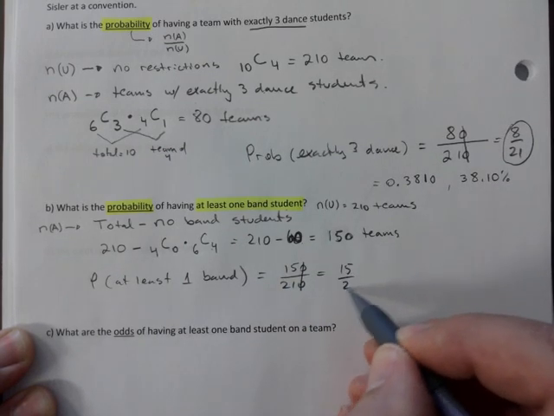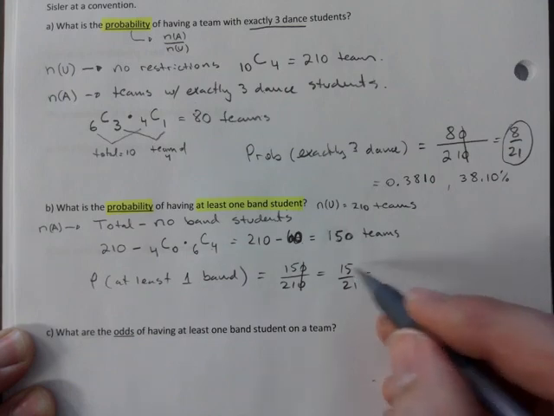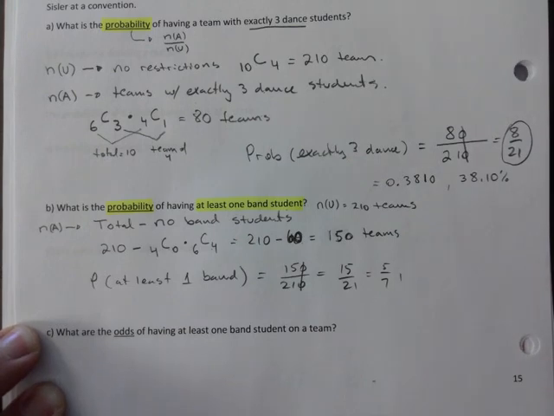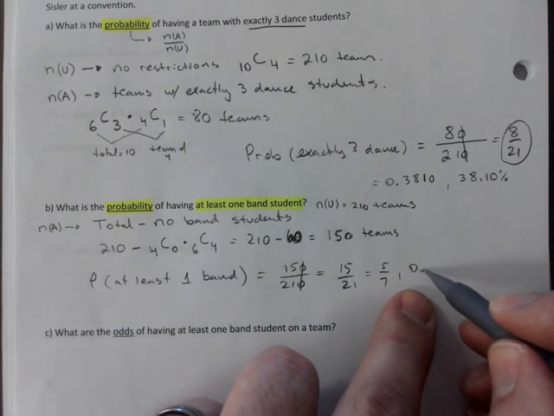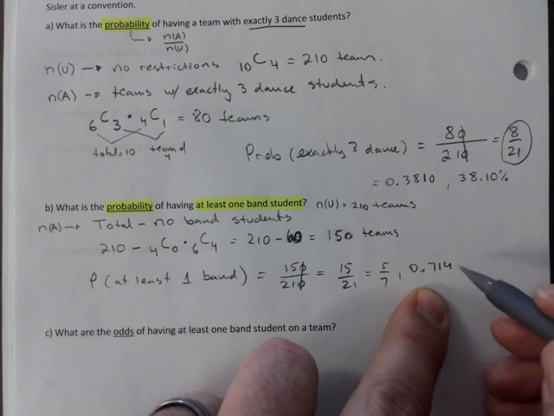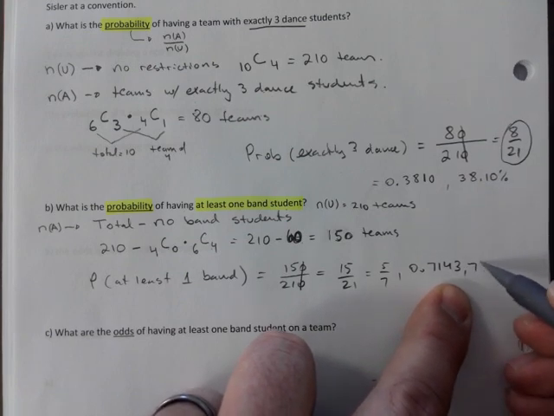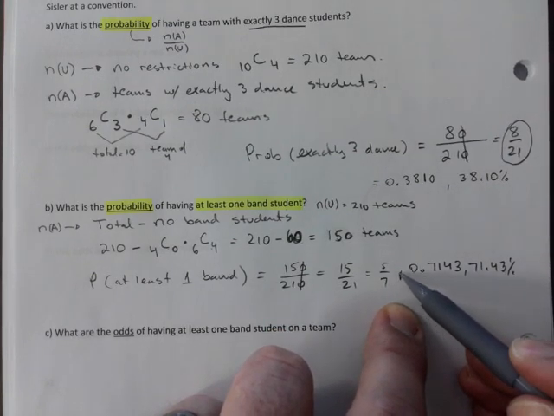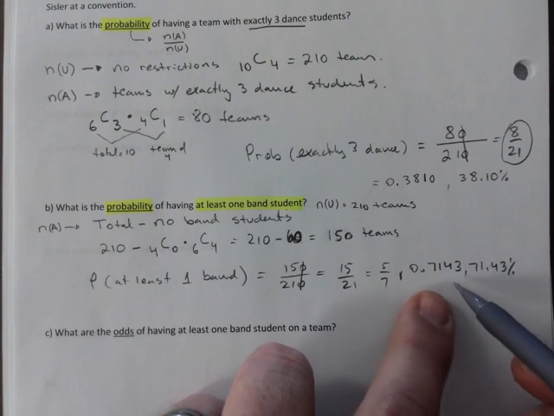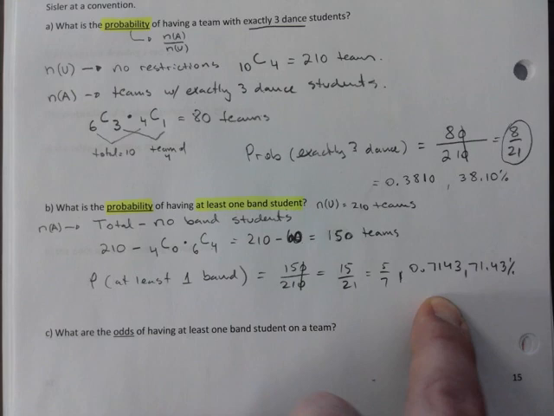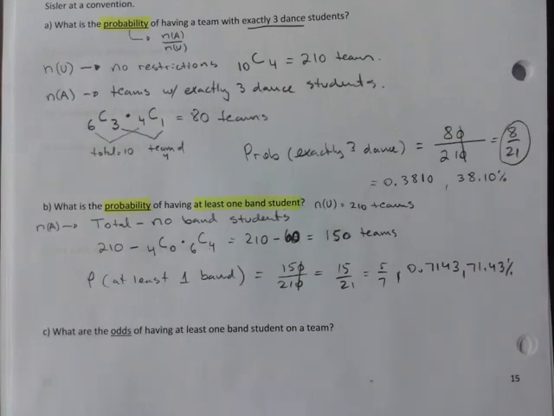That's 15 over 21. 3 goes into both of them, right? 3 goes in there 5 times, goes in there 7 times. 5 divided by 7, 0.7143, and that's 71.43%. So I go commas because when you round, you're not exactly equal, right? You're rounding, so I go 5 over 7, comma, that, comma, a percentage. So that's even higher. That percentage is even higher.